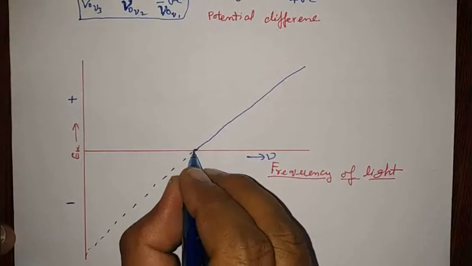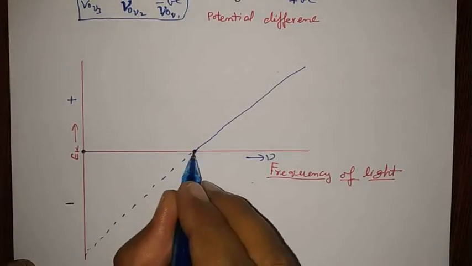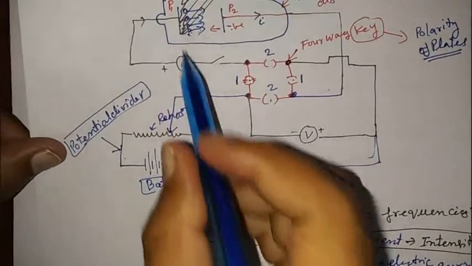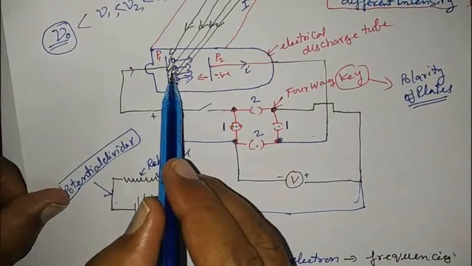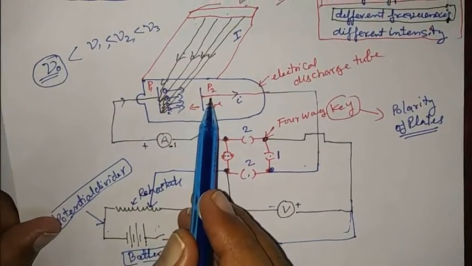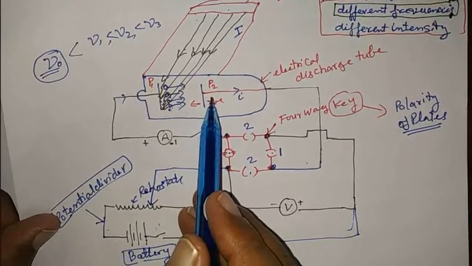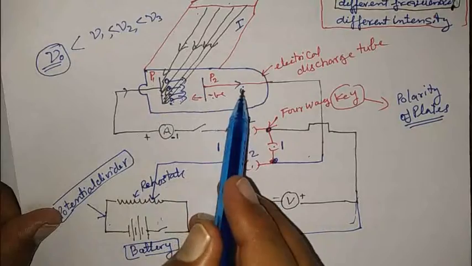The frequency at which the kinetic energy of the photoelectron is 0, what does it explain? See very carefully. An electron is emitted from the plate, but has no kinetic energy to reach plate P2 to complete the circuit and form the current.